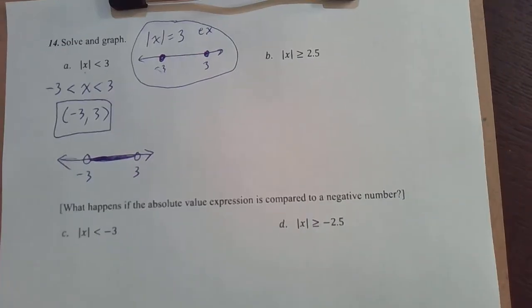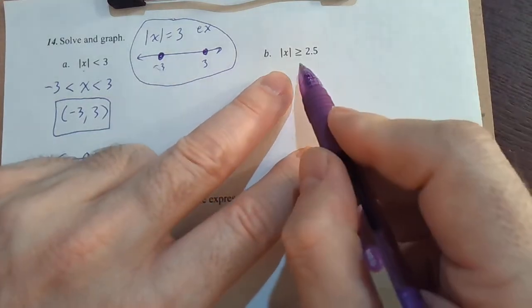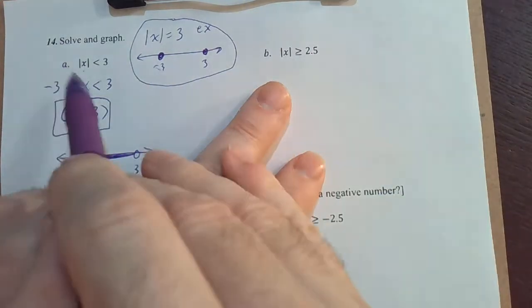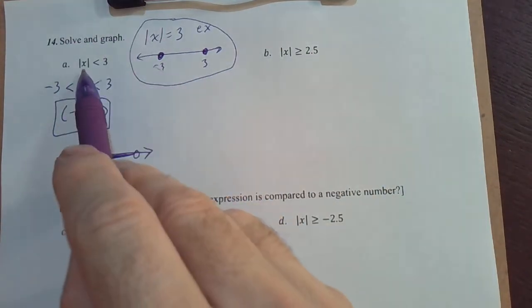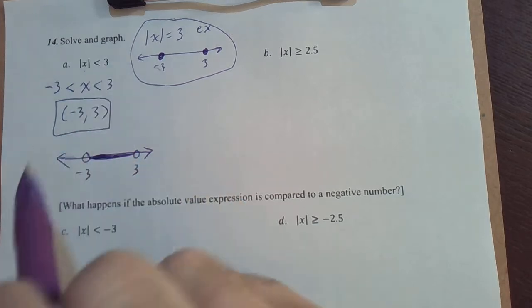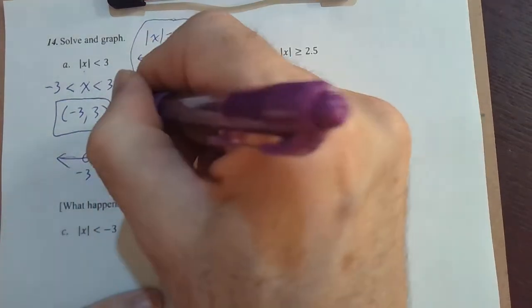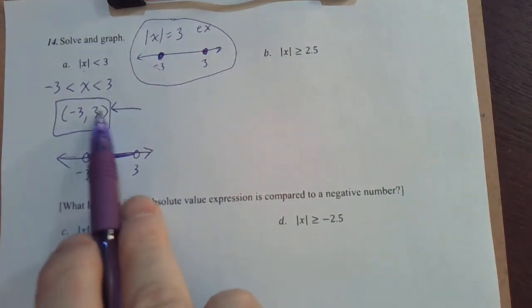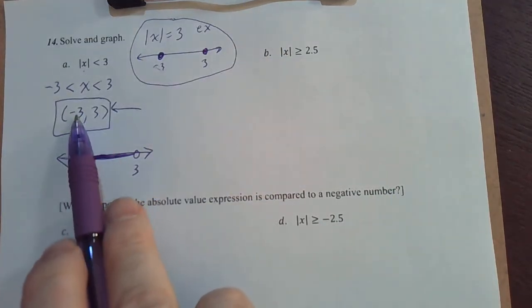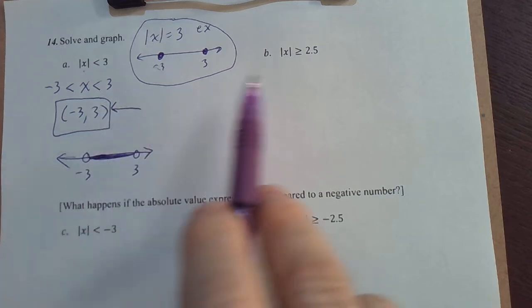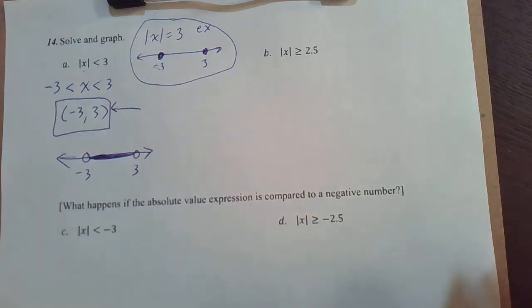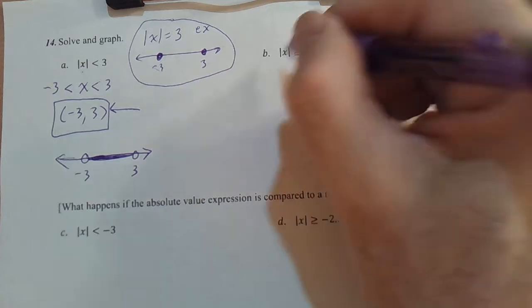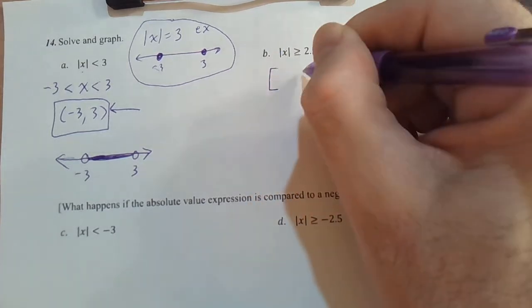Okay, well, with that in mind, what's the solution to this? When you have absolute value less than a positive number, the answer will always look like that. The numbers might be different, but it's going to be one interval from this number to that number. This is a greater than. I already know that the answer is going to look like this, the solution.